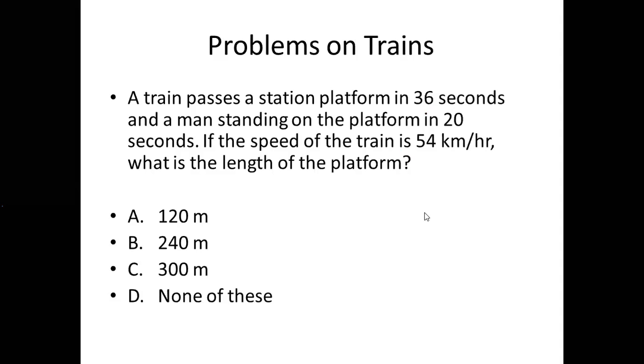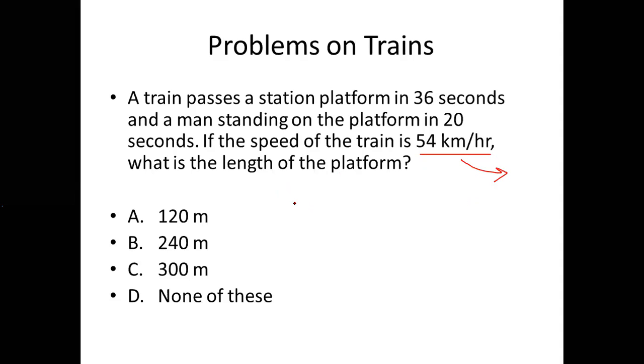Right. In the previous examples, we have found the length of the train and the length of the bridge. Now we have the given parameters and we know the formula, speed is equal to distance upon time. And we need to find out the length of the platform this time. So we will consider the length of the platform to be x meter first of all, right? And if speed is given in kilometer, we have to convert it.